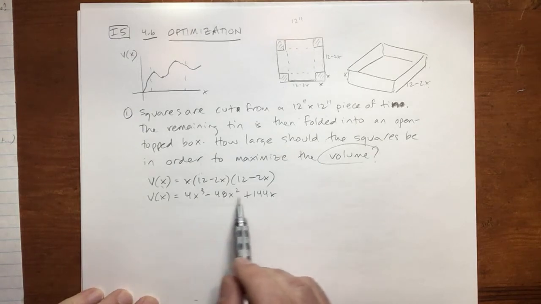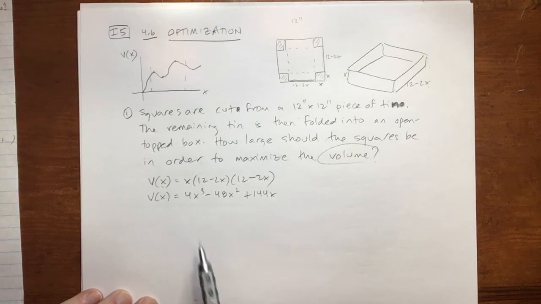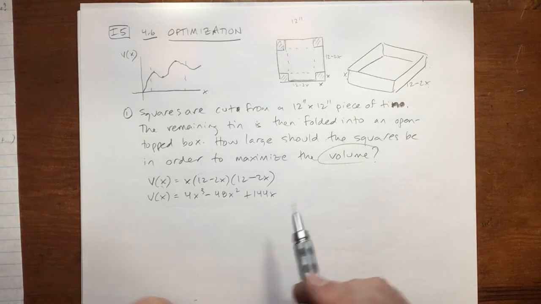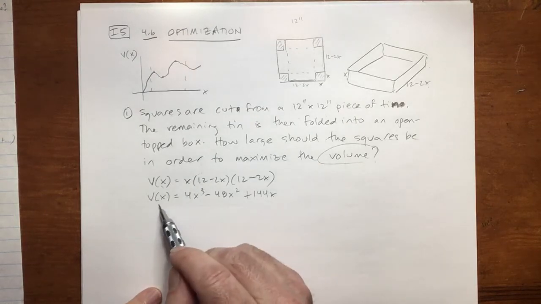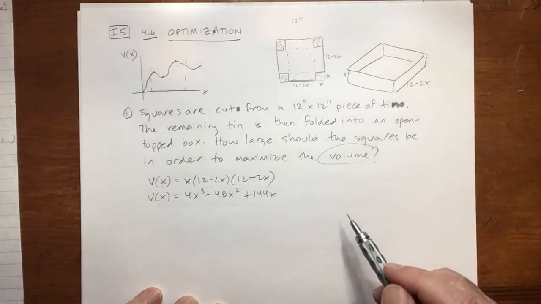Okay, so I want you to think about that. It's a cubic and it's positive. We know what this graph looks like. Not only that, we know two x-intercepts right off the bat. Wouldn't the volume be 0 if the height of the box is 0?